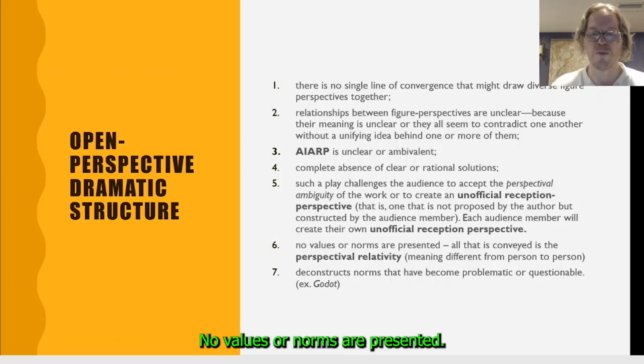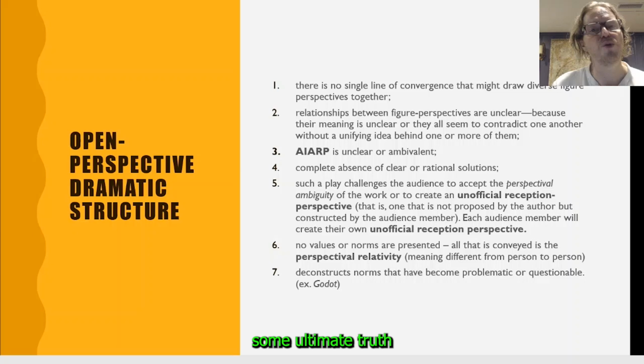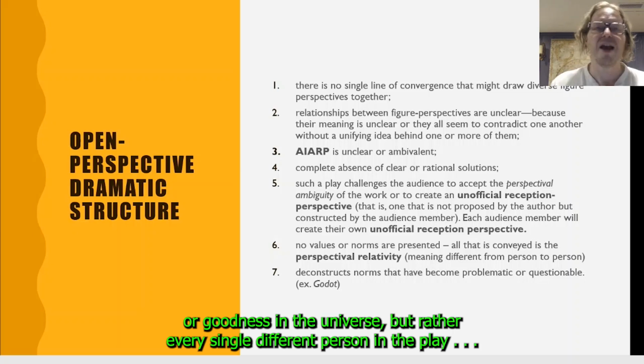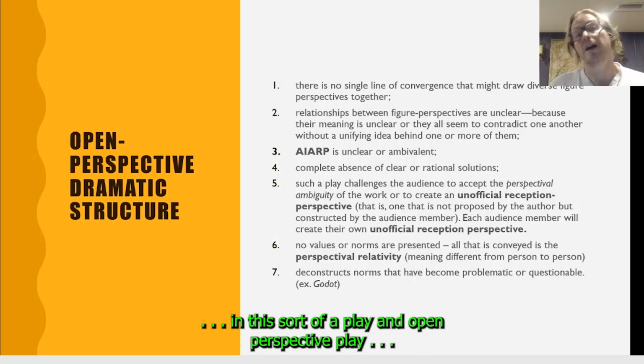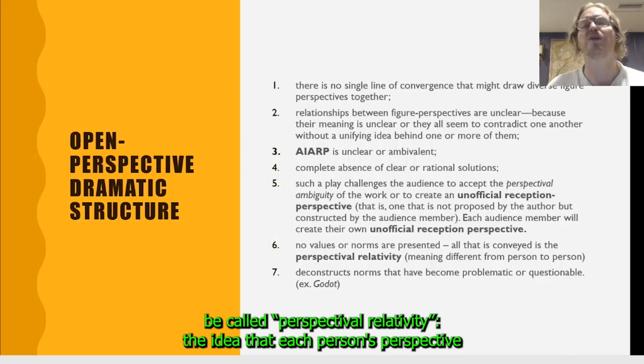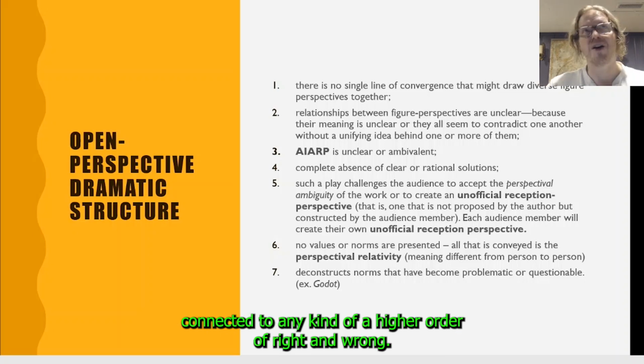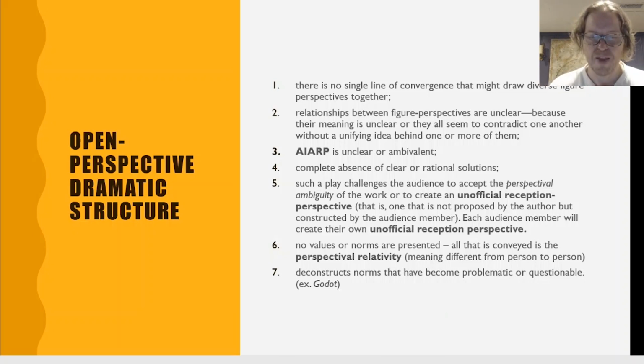No values or norms are presented. People are not operating because they believe there's some ultimate truth or goodness in the universe, but rather every single person in an open perspective play has their own personally developed ideas about everything, and that's called perspectival relativity: the idea that each person's perspective is just relative to their own mind and what they think, and not at all connected to any kind of higher order of right and wrong.